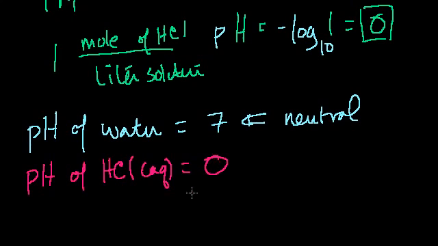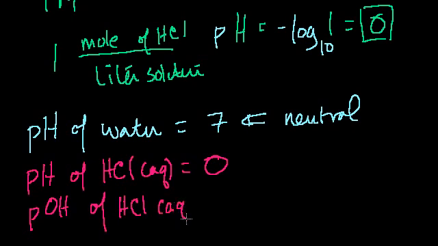So obviously, a low pH is more acidic, and we went over that in previous videos. And let's figure out what the pOH of hydrochloric acid is, in an aqueous solution.